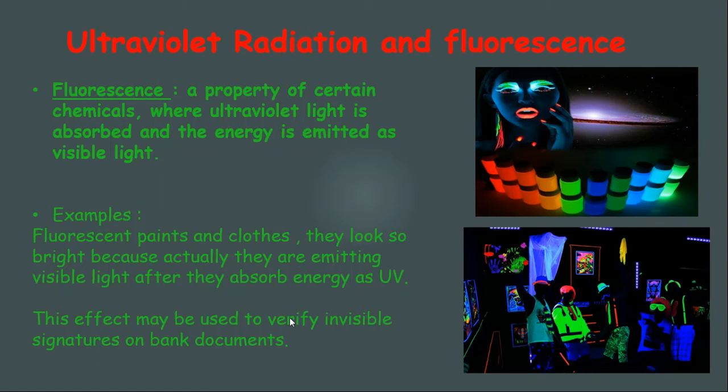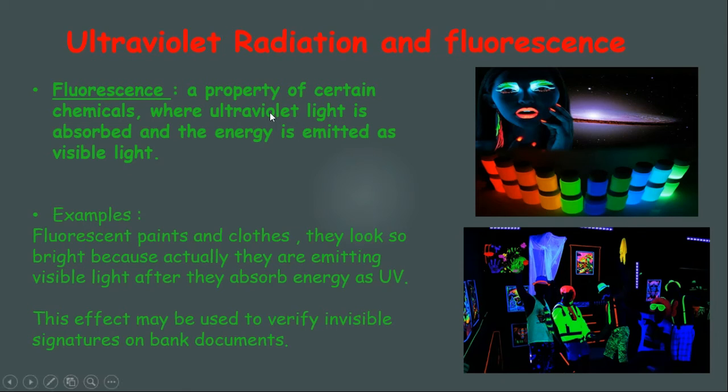Now, what we want to talk about is ultraviolet radiation and fluorescence. What's the meaning of fluorescence? I will explain fluorescence to you girls, but at the end, I just want you to memorize and study this part, the part that you have in the book and the one that you have here in the video.